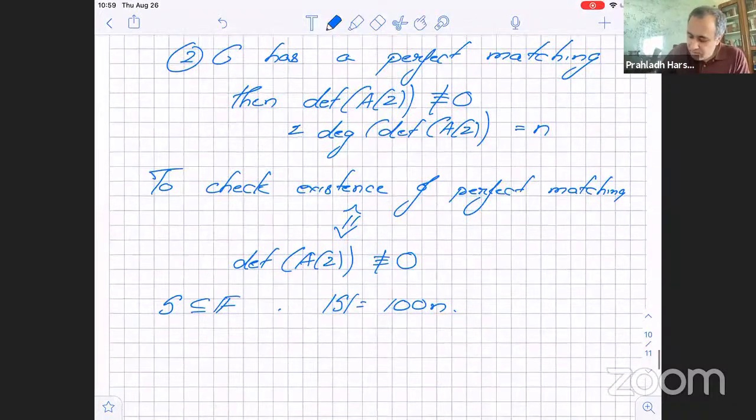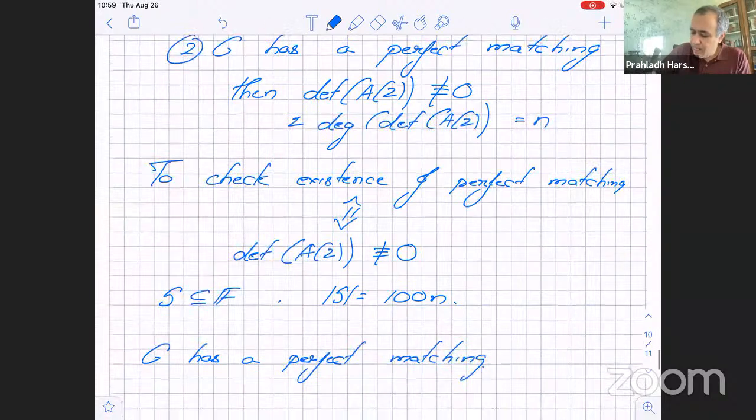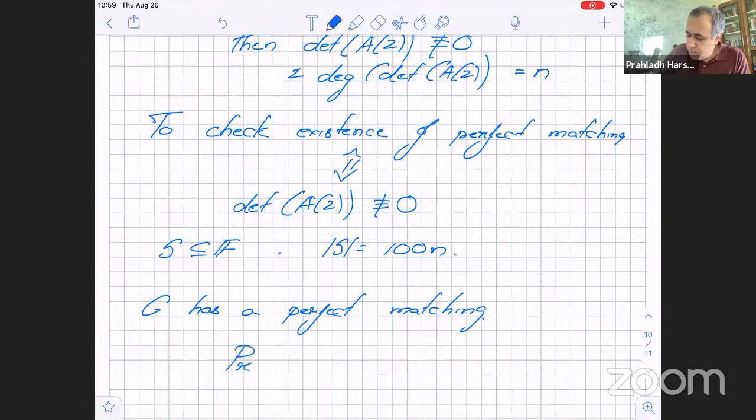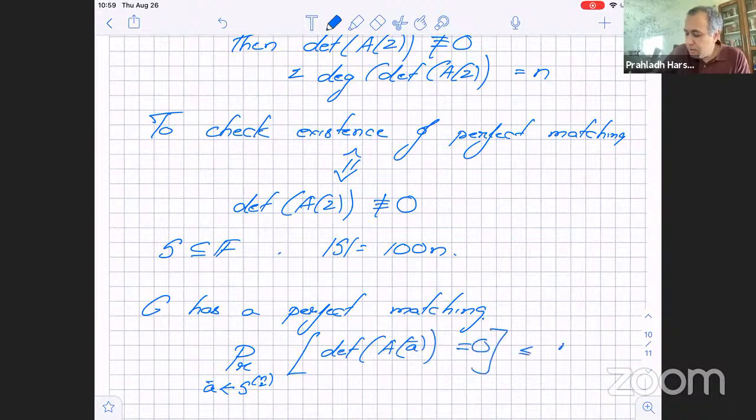Then it's clear that if G has a perfect matching, the probability, when you pick a random point from S to the n choose 2, that the determinant of A bar is 0 will be less than or equal to n by the size of S, which is less than 1 by 100.